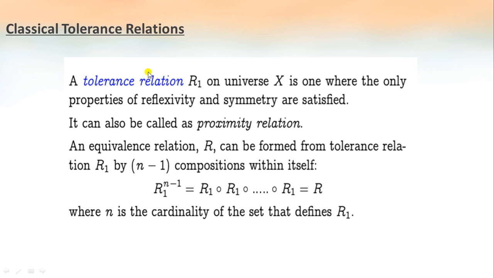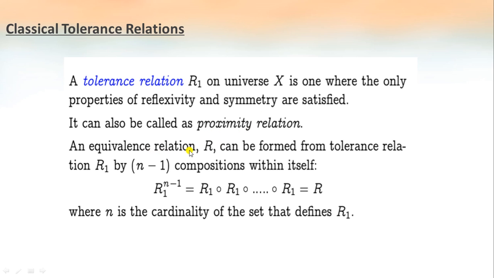Next is classical tolerance relation. A tolerance relation R1 on the universe X is one where only the properties of reflexivity and symmetry are satisfied. It does not deal with transitivity. It is also called a proximity relation. From a tolerance relation, we can create an equivalence relation.